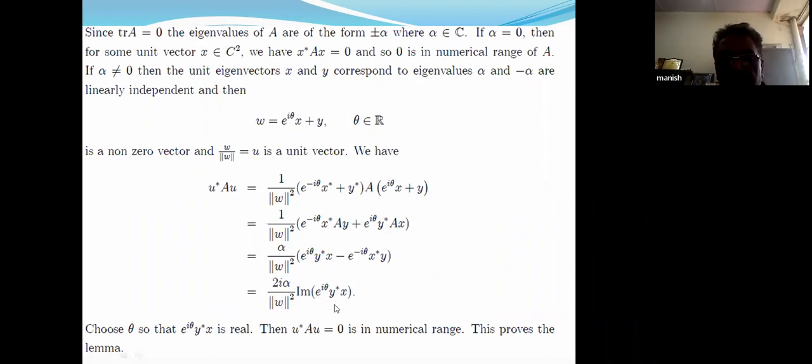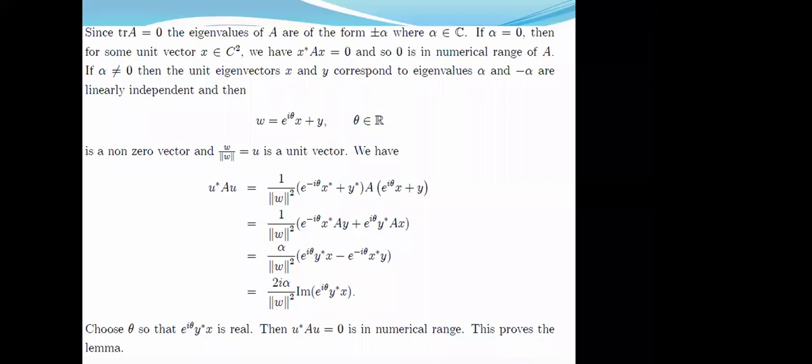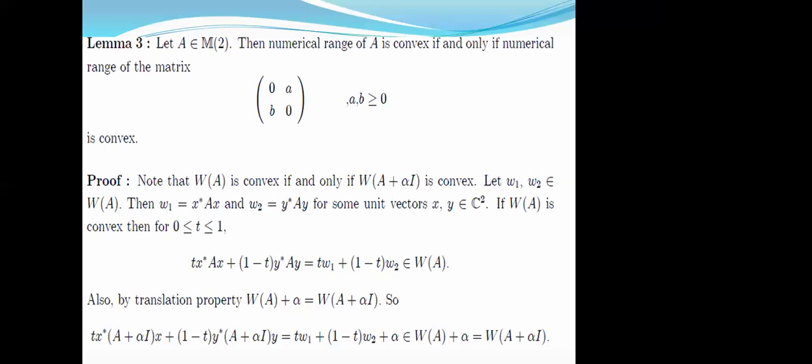Y star x is a complex number, and if we multiply it with another complex number, then we can choose the second complex number such that the product is 0. So we can choose theta here such that u star A u is 0. So 0 is in the numerical range. And then we can bring it to one position by unitary similarity, so that both the diagonal entries are 0. So this is our lemma.